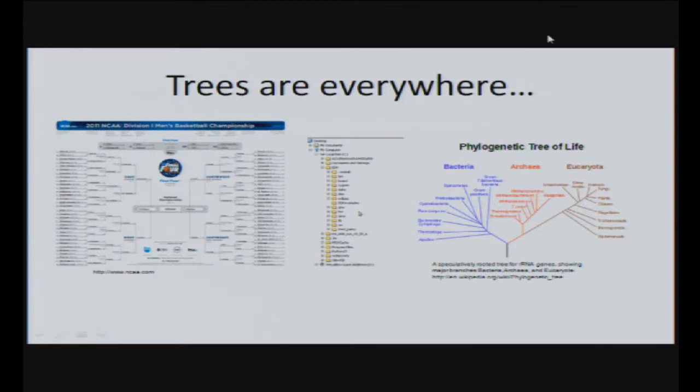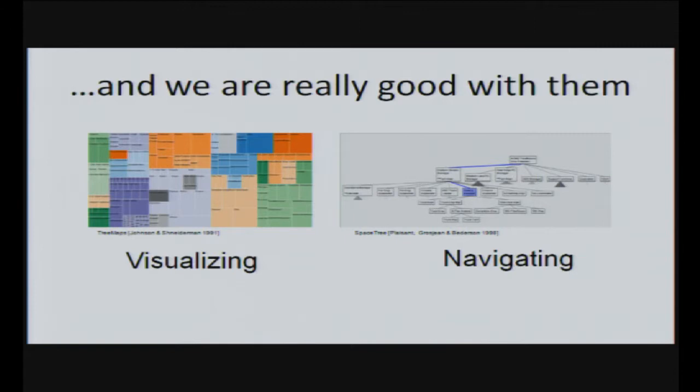And trees are used pretty much everywhere else in terms of classifying different forms of life and so forth. In general, trees exist because we're pretty good at understanding trees. They make sense to us. It's a hierarchy of ordering things.